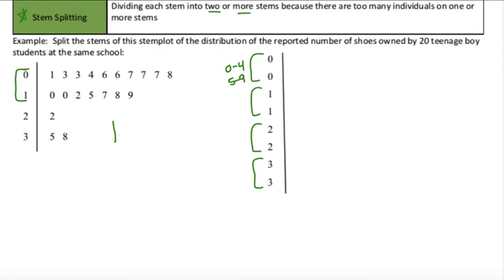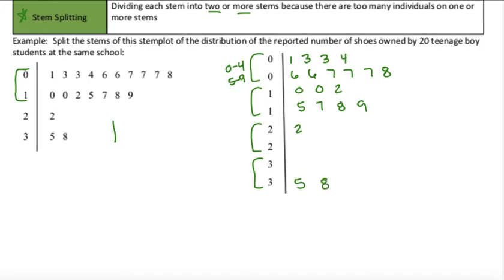So when we look at this, now these are teenage boys at the same school. Now we would create the split stem for the boys, where they already have it in order. So I'm going to copy over 1, 3, 3, 4, and then split it 6, 6, 7, 7, 7, 8, and do the same thing for 0, 0, 2, and then 5 through 9 would go here. 2 would stay here with nothing at 25 and above, nothing at 30 to 34, 5 would be my next one.